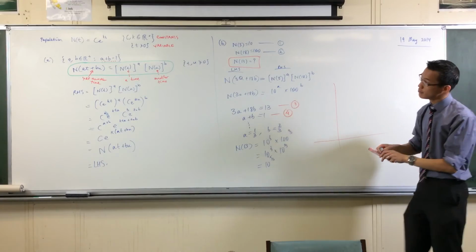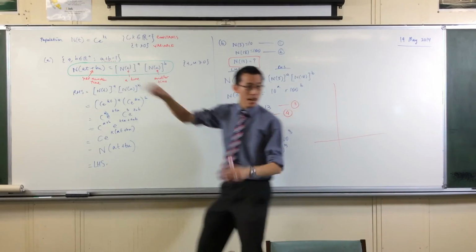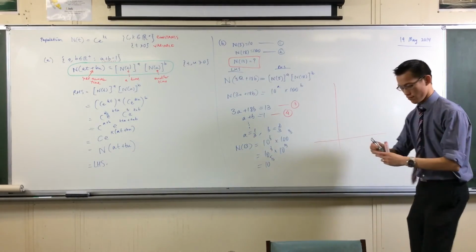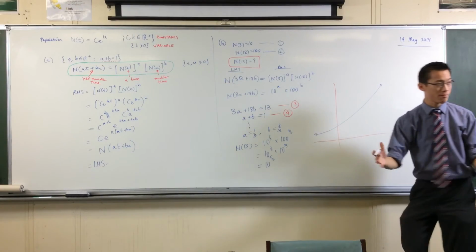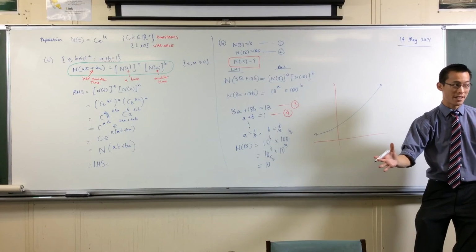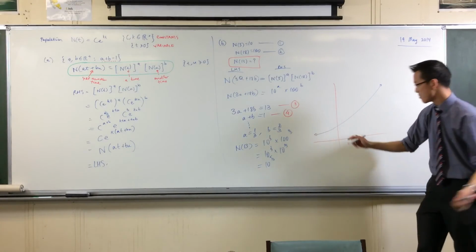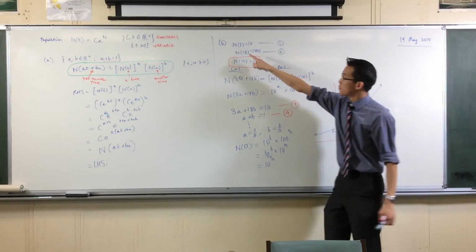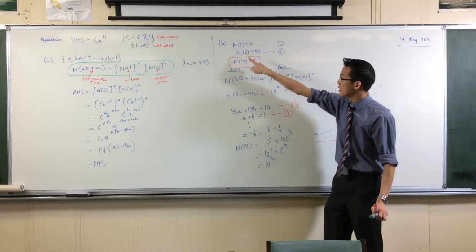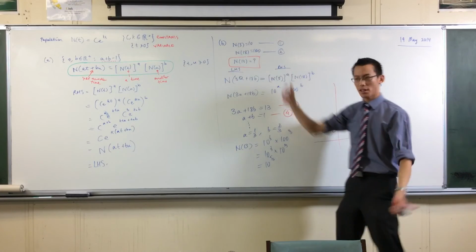It's an exponential. It fits this kind of shape. You're getting this. What's the initial condition? Look at it, go on. C, right? Now what they're providing to you in part B is the population at time 3 and the population at time 18. Let's plot that.